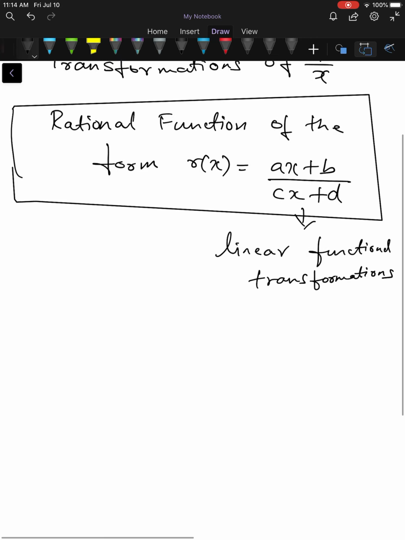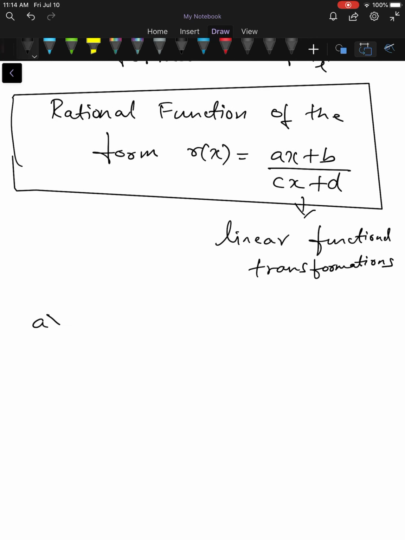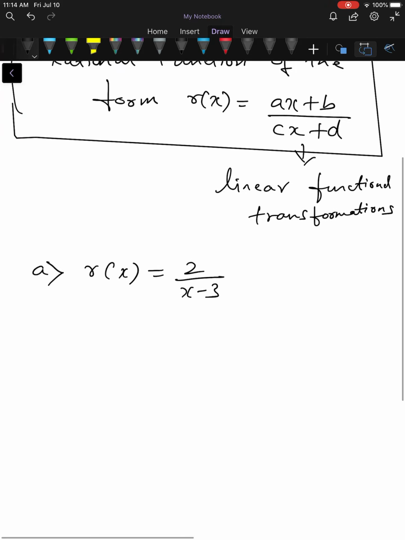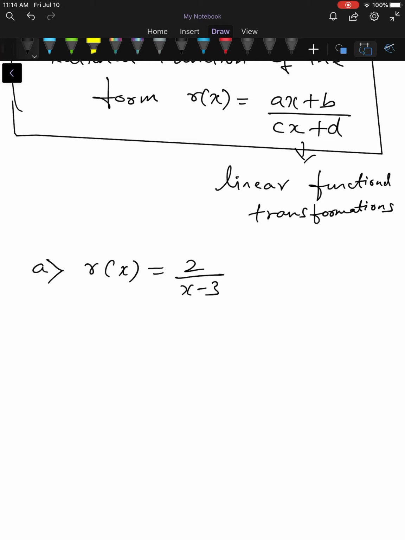Okay, so for example, consider r of x is equal to 2 over x minus 3. If you're asked to graph each rational function and state the domain and the range, it is very easy to do it in terms of transformations of 1 over x.